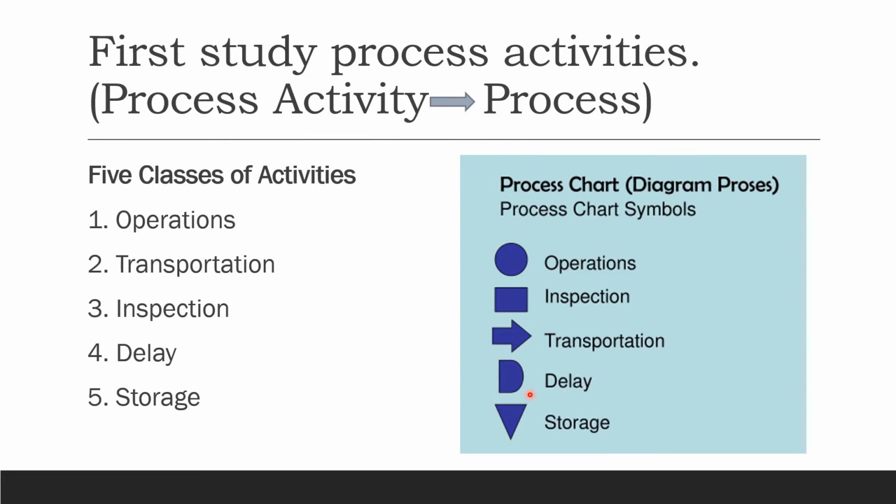They look like that. Operation, inspection, transportation, delay, the D, and the storage. If you see a little circle, your activity is operation. You see this, oh, we're doing inspection. You see that something is being transported.